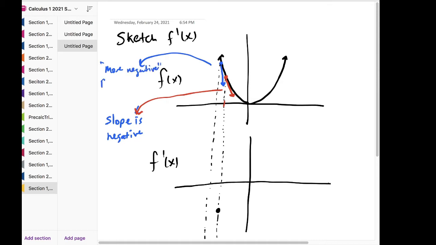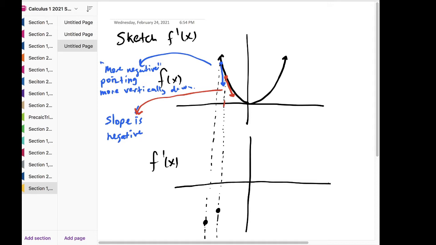Pointing more vertically down. So how do you represent that in your picture? Well, your point should be further down. Now, if you think about it, this curve is curving upward like that.